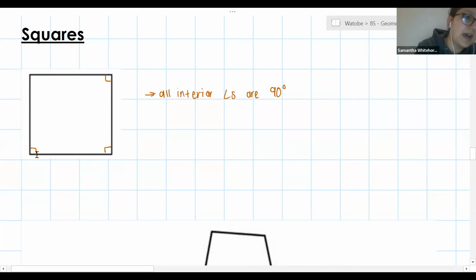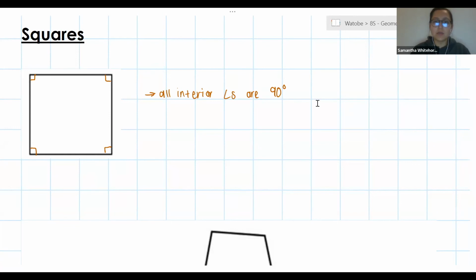So we would need to have another characteristic combined with that to say it's a square. Because right now, if I just told you that you've got a quadrilateral where all the interior angles are 90, it could be a square, but it could also be a rectangle. So think about these things that make a square. But a square does indeed have all interior angles at 90 degrees.